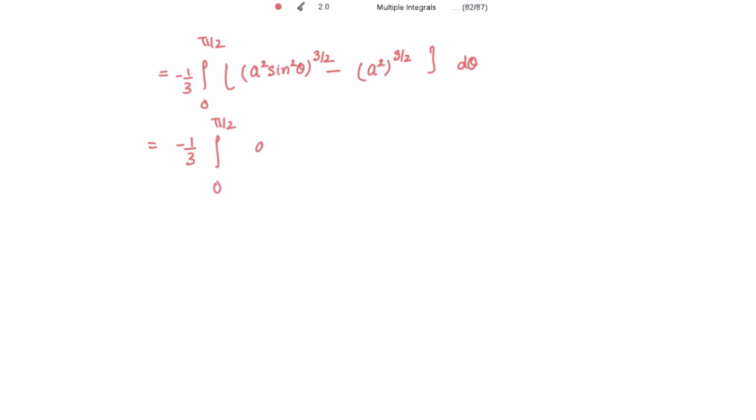Solving this, we get a cube sine cube theta minus a cube, d theta. Because a cube is constant, taking this outside, minus a cube over 3, integral 0 to pi by 2 of sine cube theta minus 1.